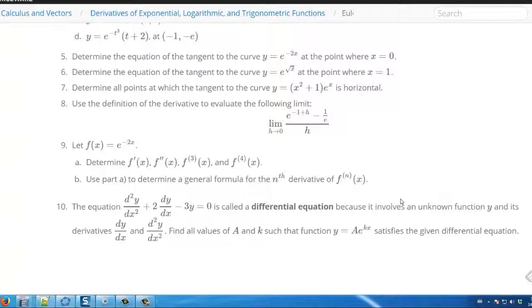So the d squared y over dx squared, what does that mean? Do you know, RJ? That's the second derivative of the function, yeah. And 2 times dy over dx, that's 2 times the first derivative, minus 3y equals 0.